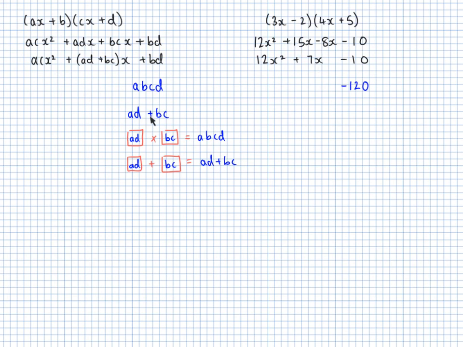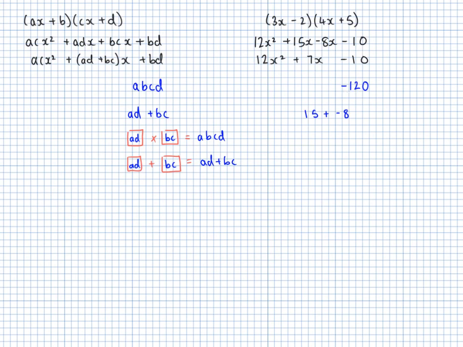The 15 came from multiplying the 3 by this 5, A times D. The -8 came from -2 times 4, B times C. I can see that when I add these two numbers I will get my 7, and when I multiply them I will get -120.